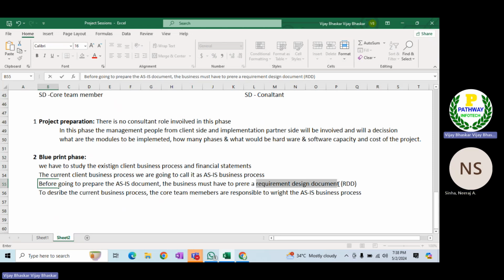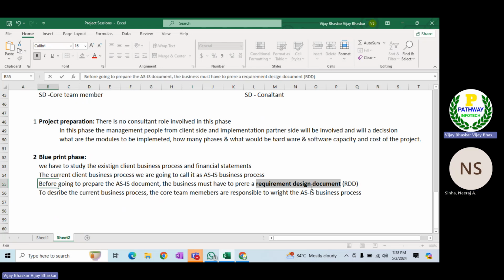The requirement design document: initially, the business must prepare it to say what the client is looking for. What is the requirement of them?